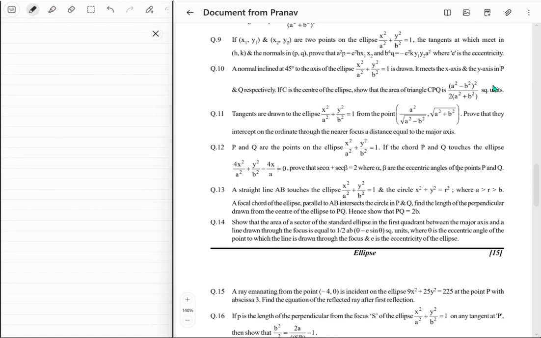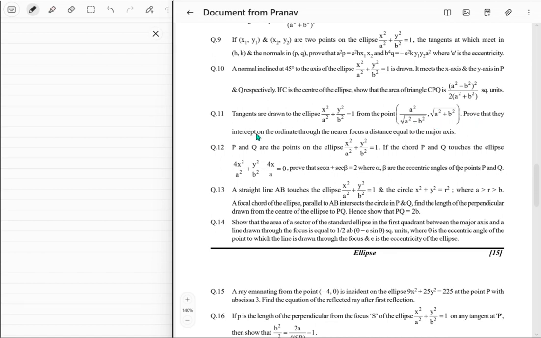So 10th done. 11th: tangents are drawn to the ellipse from a point. Okay, this point. Prove that they intercept on the ordinate through the nearer focus, sorry, you got some random point. It's not random, but some point.